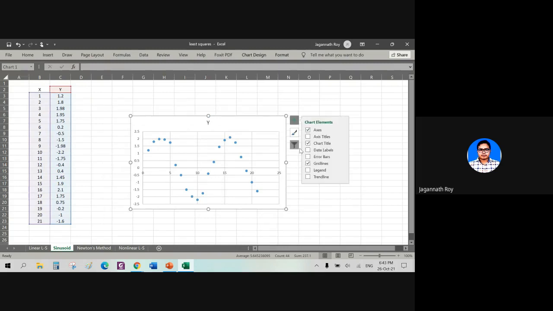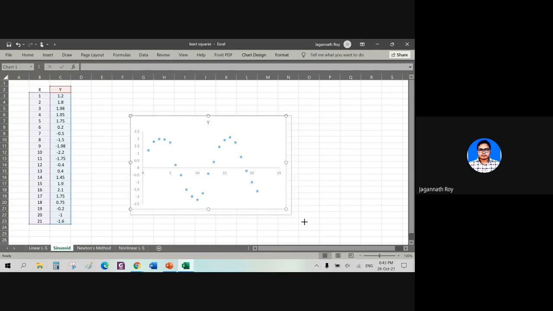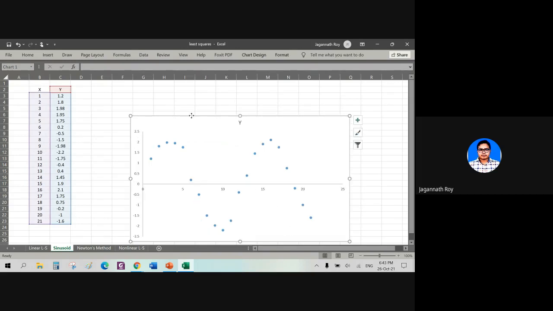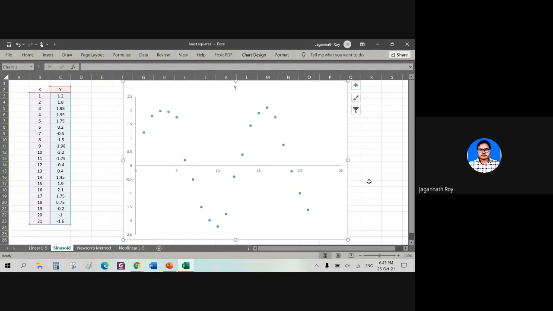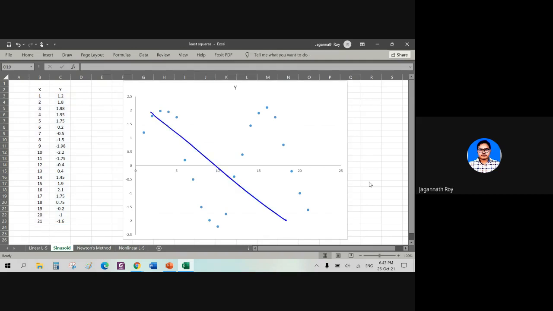Now if you think about one straight line, this is not a good approximation. Or if you think about this exponential, this is also not a good approximation. So this can be represented only if we think about a periodic function like sine or cosine.